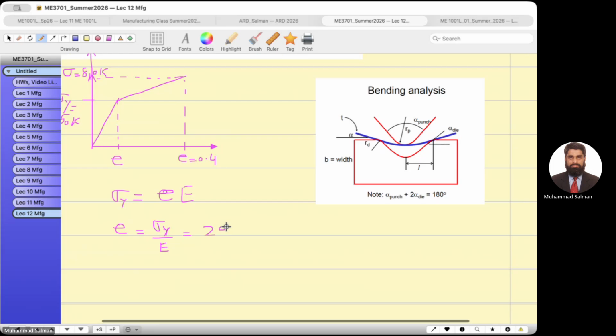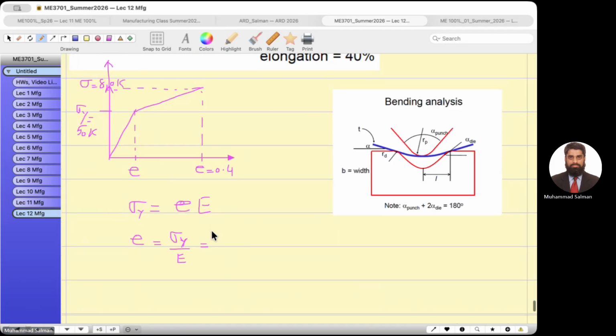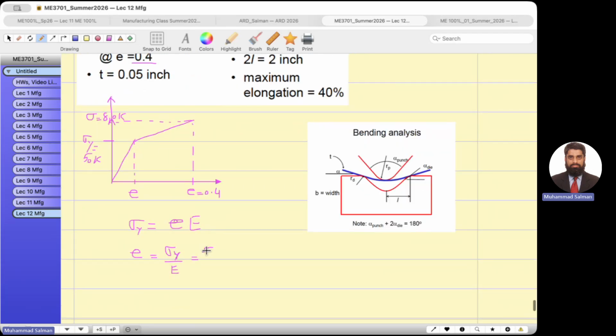Sigma y is 50,000, divided by E, 29 times 10 to the power 6. What do you get in decimals? Please open your calculators and let me know.